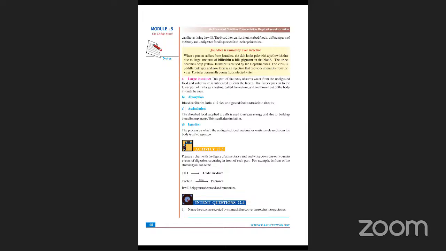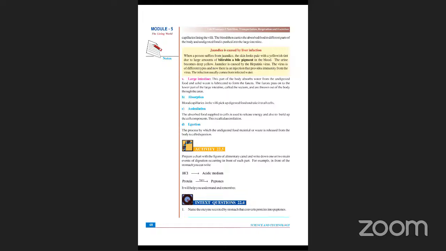So you have to write hepatitis virus. The virus has different types, and now there's an injection that provides immunity from the virus. Infection usually comes from an infected person.